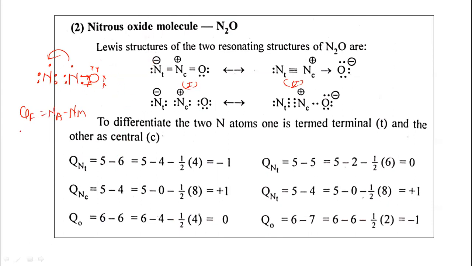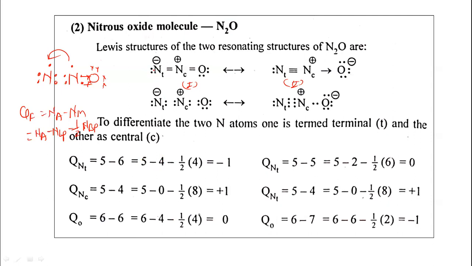Or by this we can also calculate the formal charge, with another formula: Na minus NLP, the number of lone pair electrons, minus 1 by 2 times the number of bond pair electrons. Here Na is 5 valence electrons, minus the number of lone pair electrons. How many lone pair electrons are here?